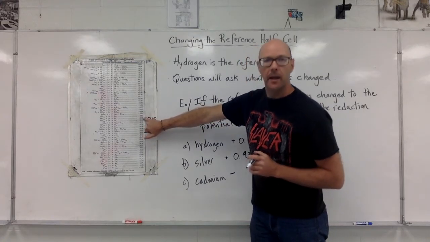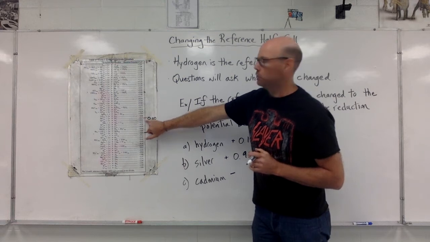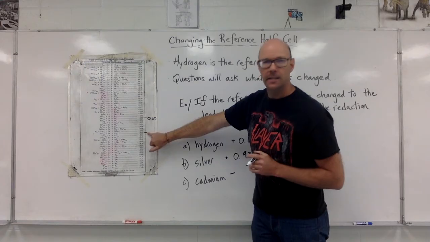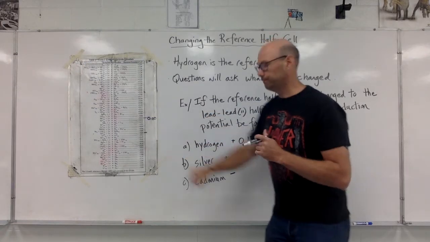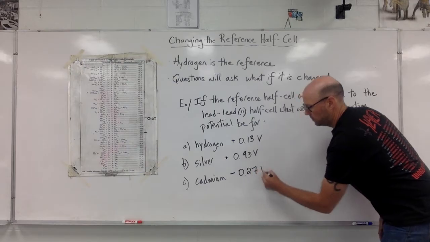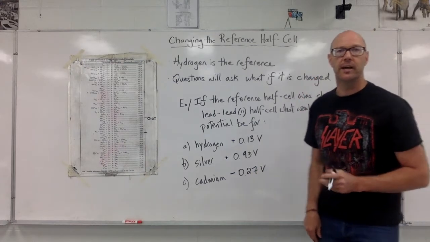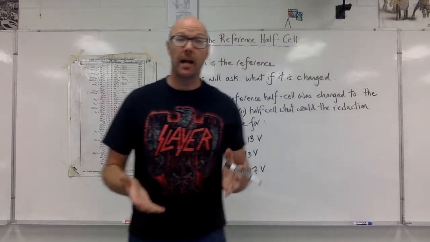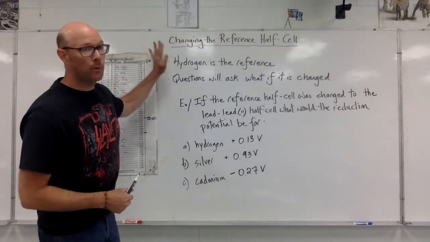This line is at negative 0.13, which we're going to call 0. How much further do we have to go down to get to 0.40? 0.27 volts.